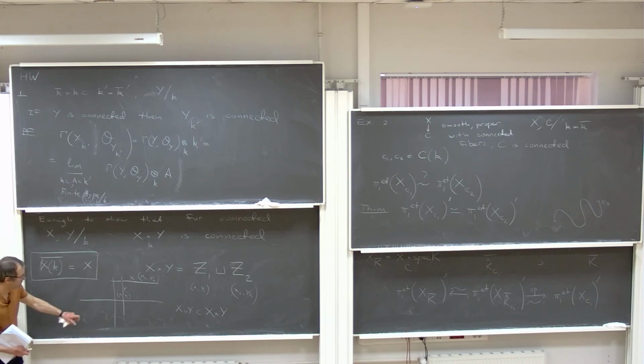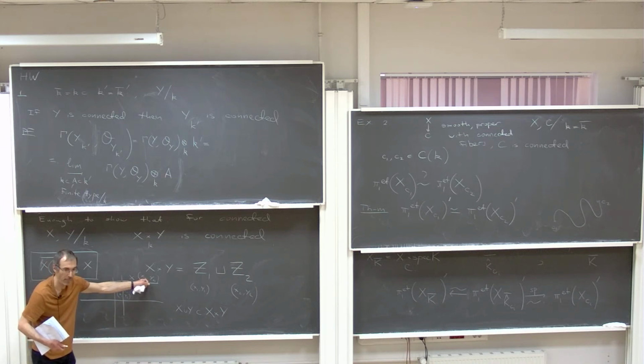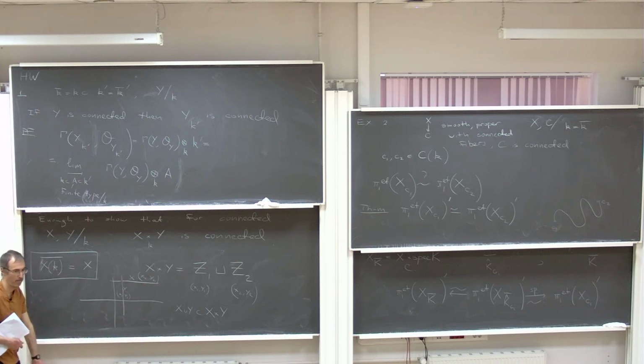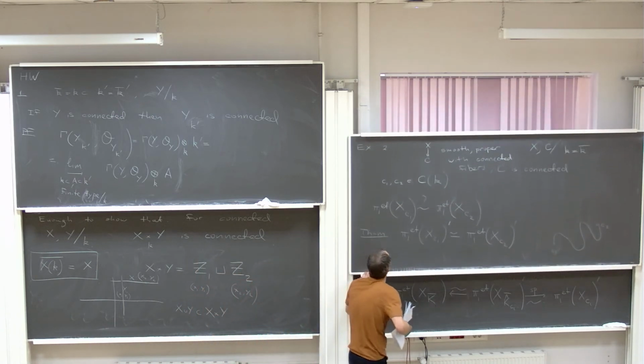That means the two points cannot live in different connected components. Good. So this completes the proof.